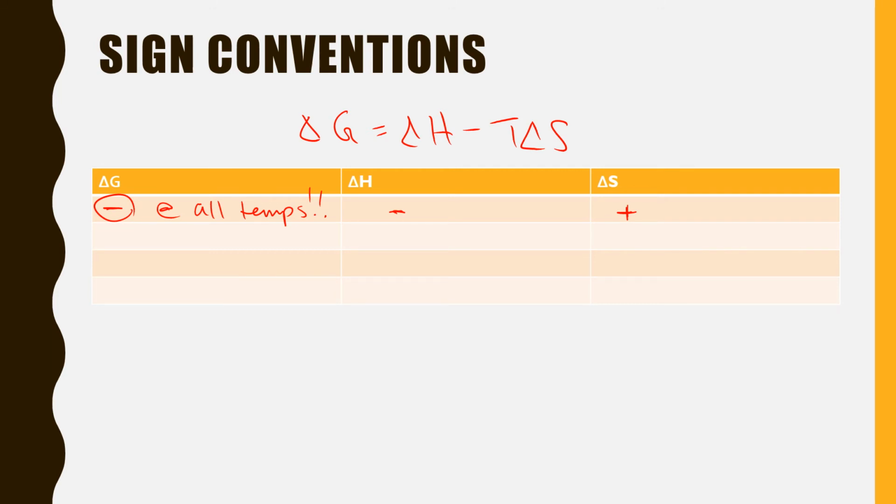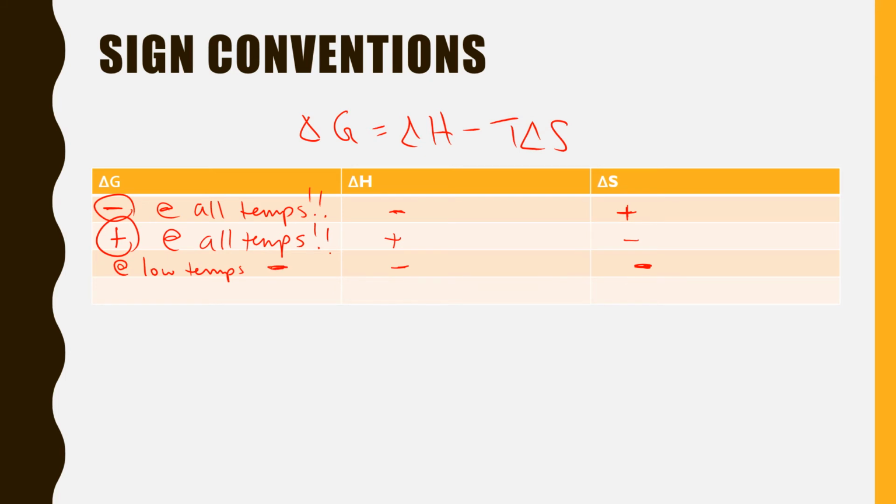If my delta H is positive and my delta S is negative, then my delta G will always be positive. It doesn't matter what the temperature is, at all temps. Now, when delta H and delta S have the same sign is where we have to look at temperature. So, if both delta H and delta S are negative, the only time when delta G is negative is at low temps.